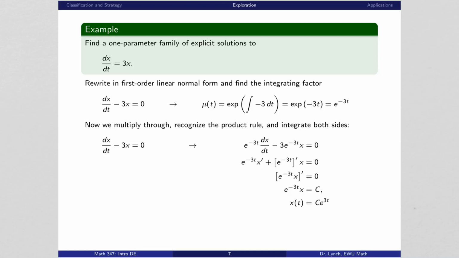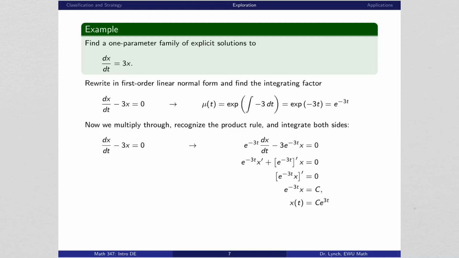You can see that you have e to the minus 3t times x prime minus 3 times e to the minus 3t times x equals 0. So that looks like the first times the derivative of the second plus the derivative of the first times the second once again. So collapse that product rule, integrate both sides.